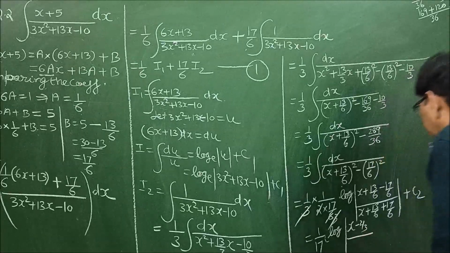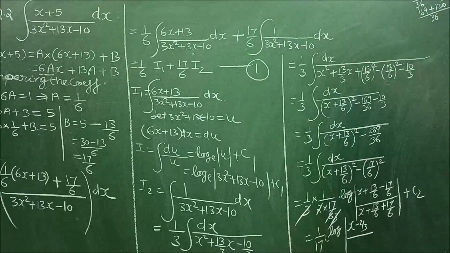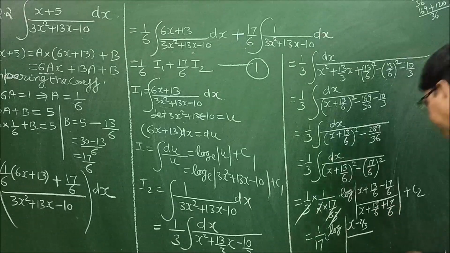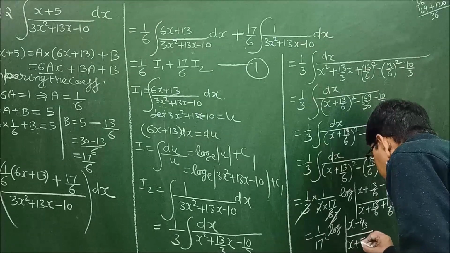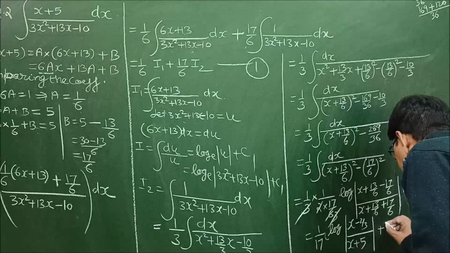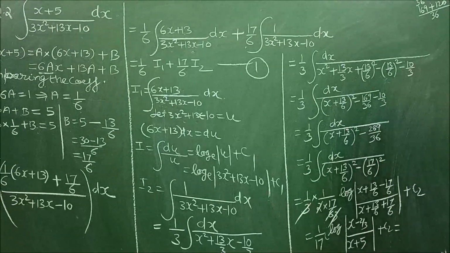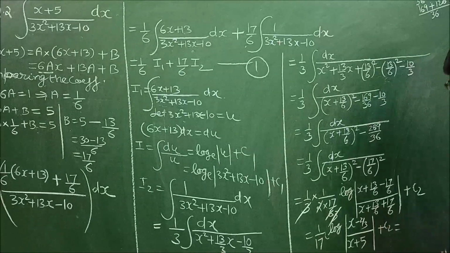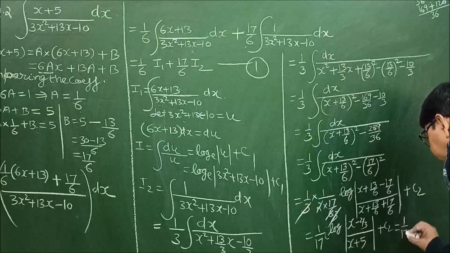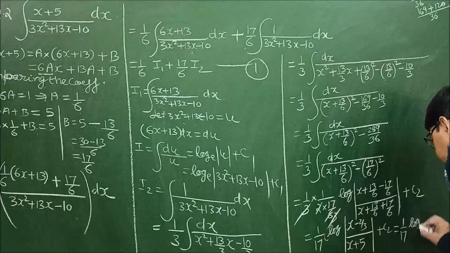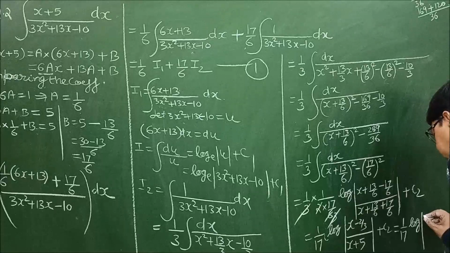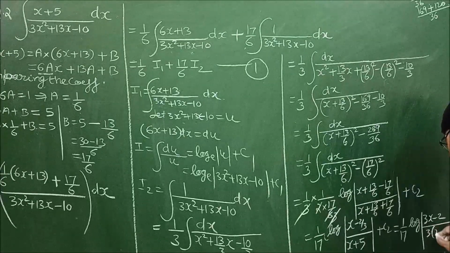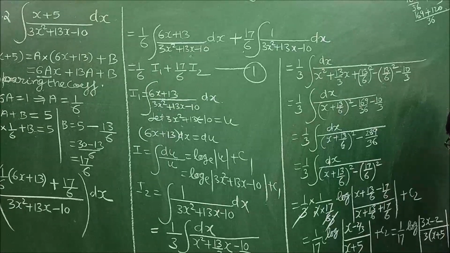In the denominator, 13 and 17 is 30, 30 upon 6 is 5, so x plus 5, plus c2. If we take the LCM in the numerator, this reduces to 1 by 17 log mod (3x − 2) upon 3(x + 5) plus c2.